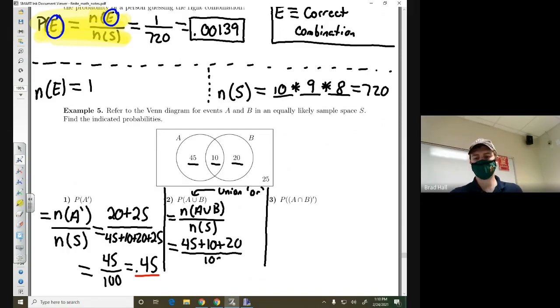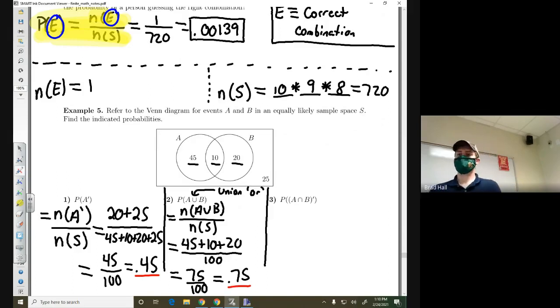Still 100. So I'm just going to put 100 again, but really it's the 45 plus 10 plus 20 plus 25 again. So what is that? 55, 65, 75. So it's just 0.75. So there's a 75% chance of selecting an element from either A or B.